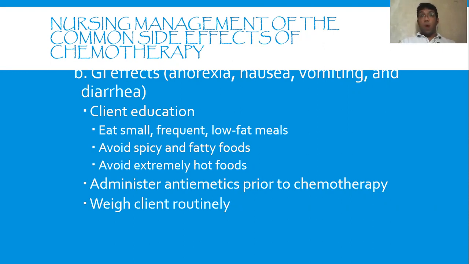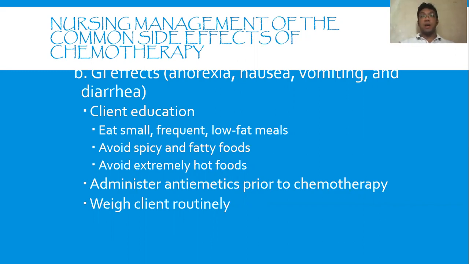So, one thing that we need to do is to administer antiemetics prior to chemotherapy because chemotherapy really can trigger nausea and vomiting in the patient and the patient really will feel anorexia because anything that the patient is going to eat will just be vomited by the patient.